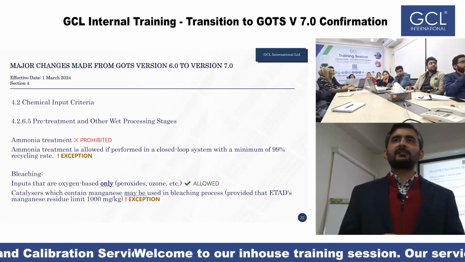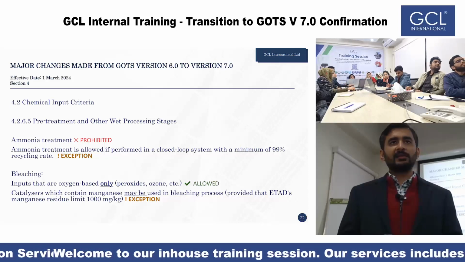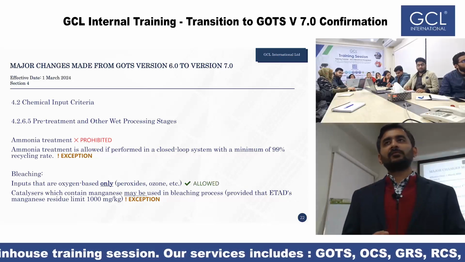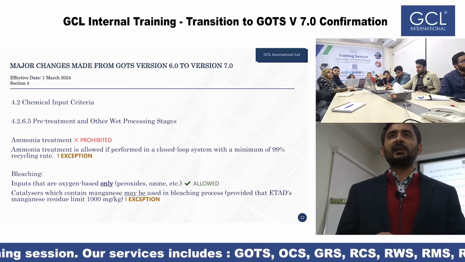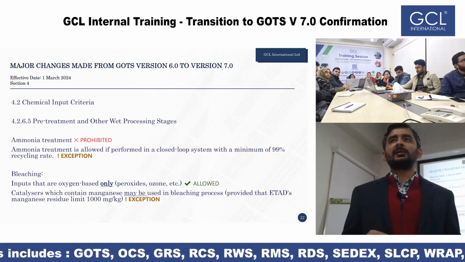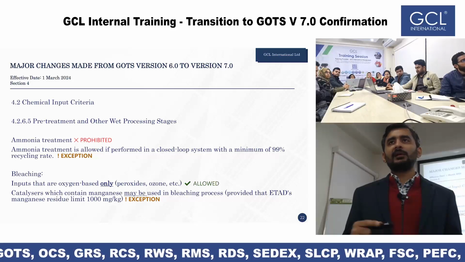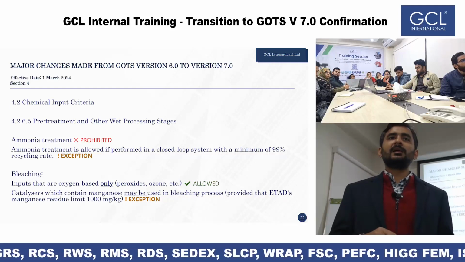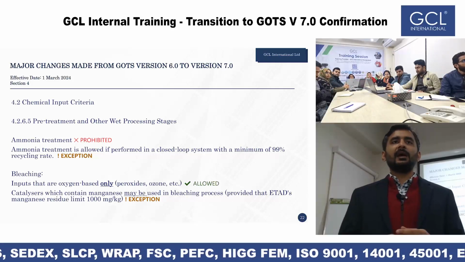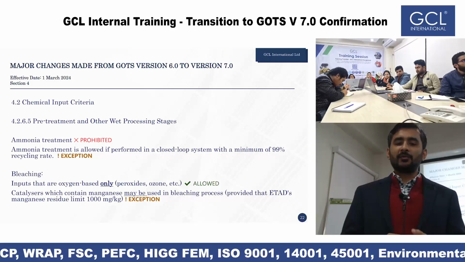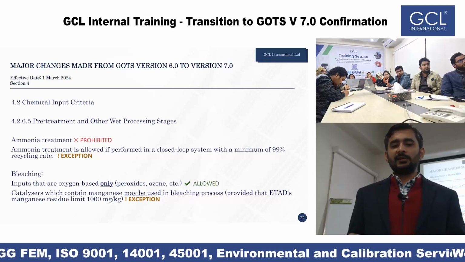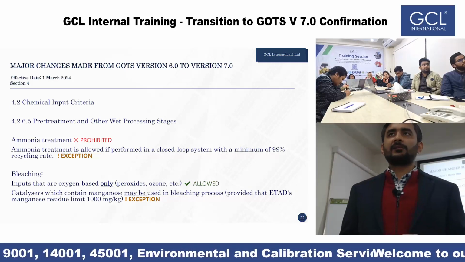So the prohibition is still there, but if there is some new innovation and new machinery or equipment that can ensure a closed loop system, so that the ammonia used in the treatment process can be extracted, at least 90% from the process, then that ammonia treatment can be allowed. So this is the exemption that GOTS has issued in 7.0.